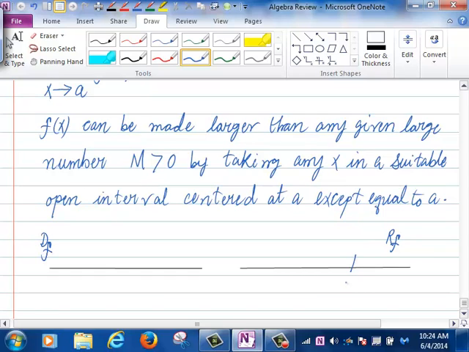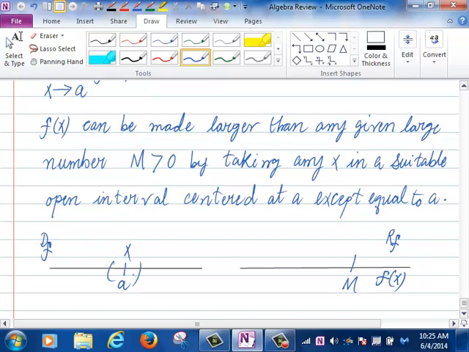So let's say you give me a large number m. You give me a very large number m. And when I say that the limit of f is infinity, it means that I can make f of x larger than m by taking any x in a small interval centered at a, okay, except possibly equal to a.